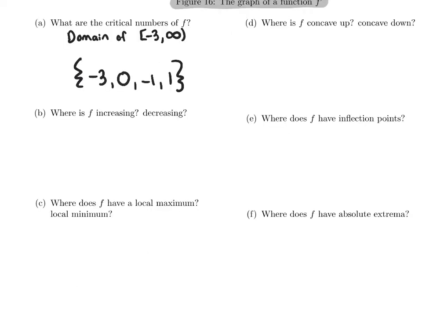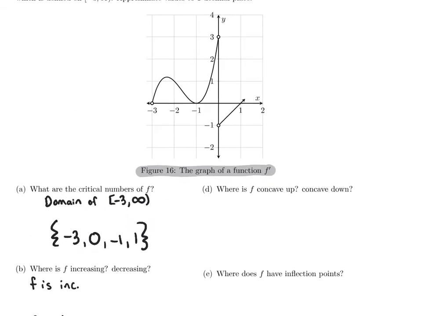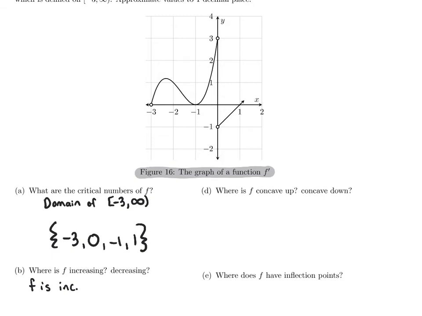So the next question asks, when is the original function increasing and when is it decreasing? We had a test for increasing and decreasing, which said that the function was increasing anywhere where the derivative was positive. My derivative is positive from negative 3 to negative 1, from negative 1 to 0, and then again from 1 to infinity.